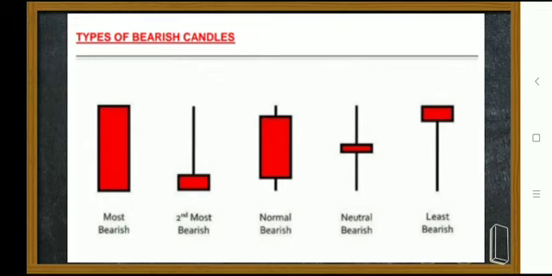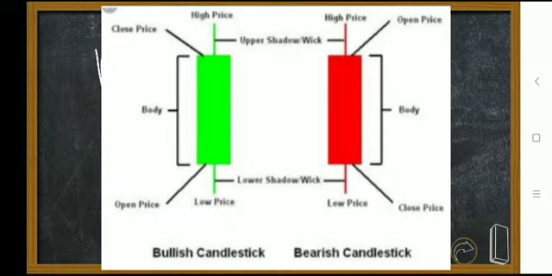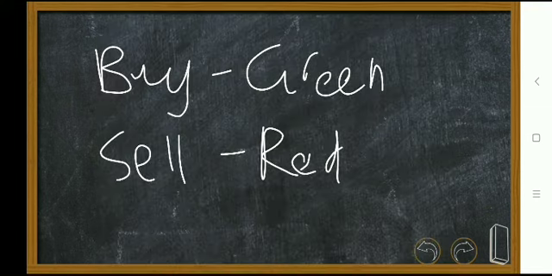So with the colors, you can choose your colors, but usually for a buy, the candle color is green. For a sell, the candle color is red, and it's usually the default colors.